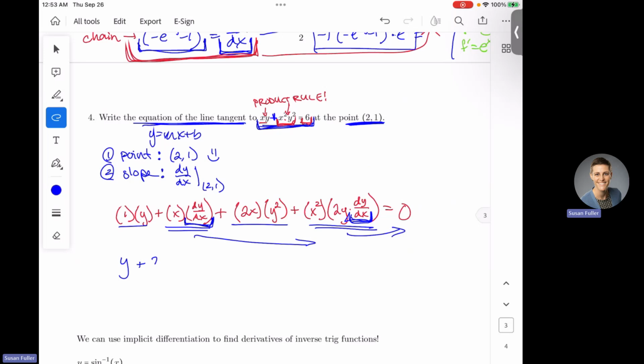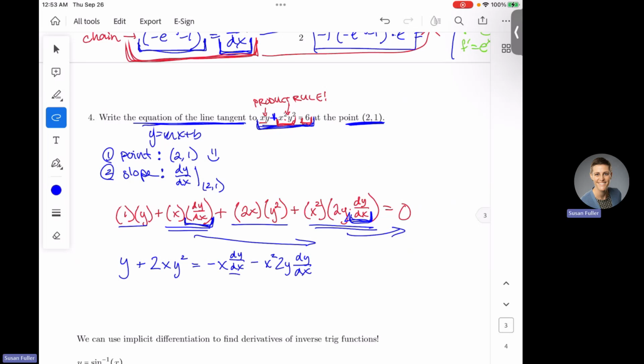So I'm going to have y plus 2xy squared. And when I move both of these to the other side, I'm going to get negative x dy/dx minus x squared times 2y times dy/dx on the other side, right? Because I subtracted both of those from the other side.